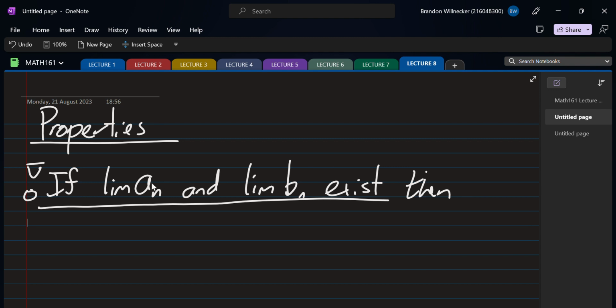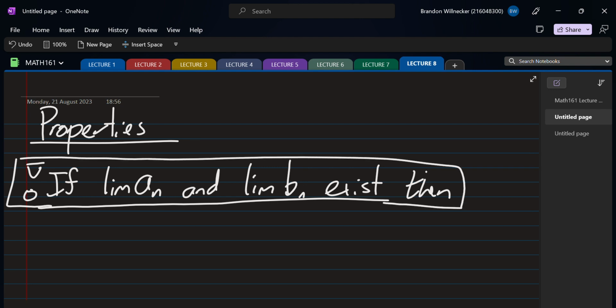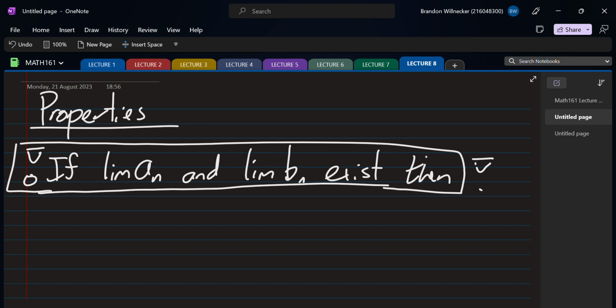If we have a sequence an and a sequence bn, both of them must be convergent for us to use these properties. If either of these does not exist, then we cannot use these properties. So please remember this stuff in the box here. This needs to be true before we even look at any of these properties. It's very important that both of them exist before you start applying these properties.